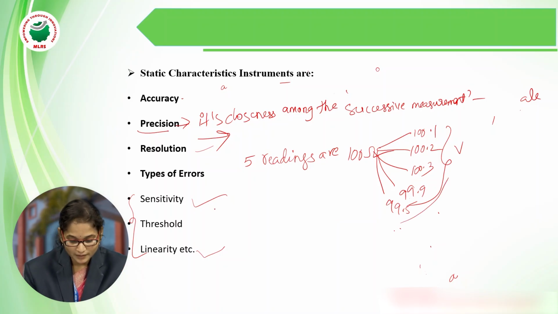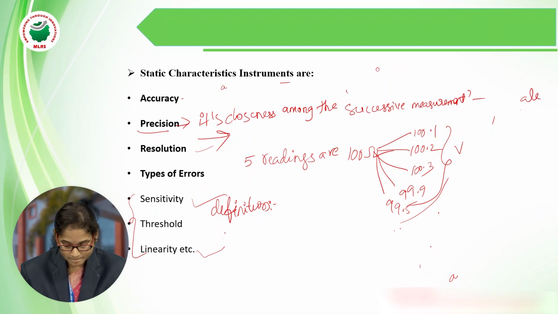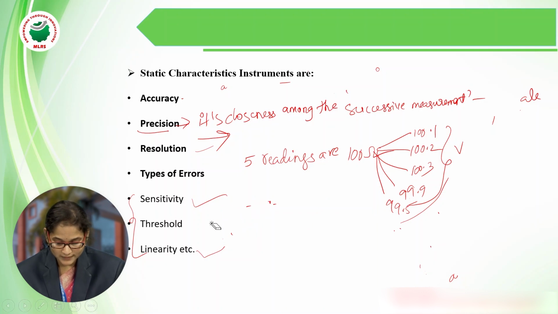What is the definition of precision? Precision means the difference between successive measurements. If the successive measurements are close to each other, then it is called as the precision.